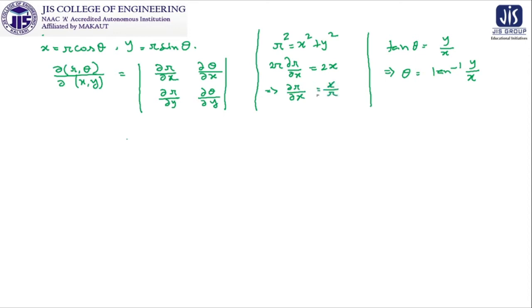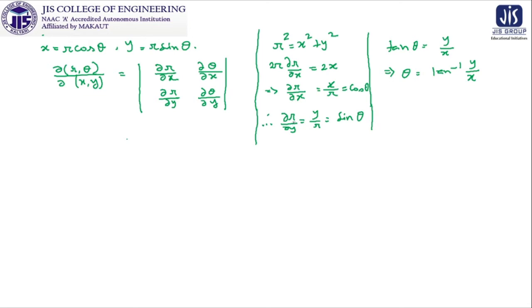And what is x? x is r cos theta. r cos theta by r will be only cos theta. In a similar manner, we get 2r del r del y is equal to 2y. That means del r del y is equal to y by r, and y by r is nothing but sin theta.